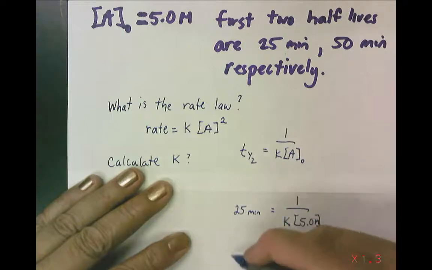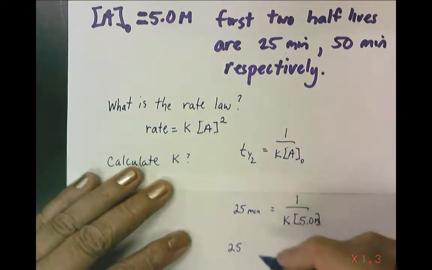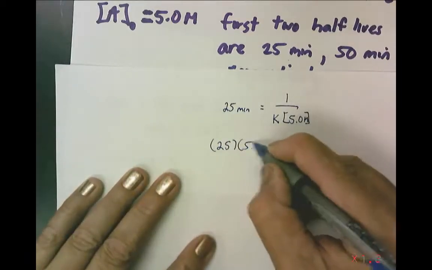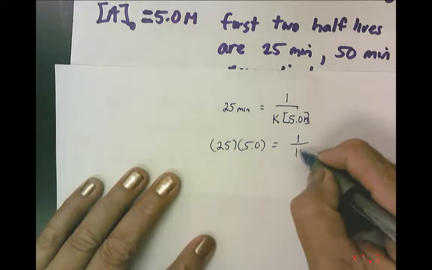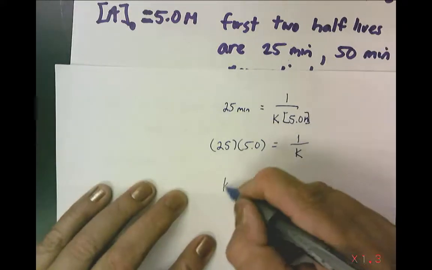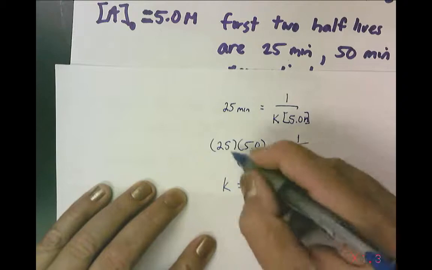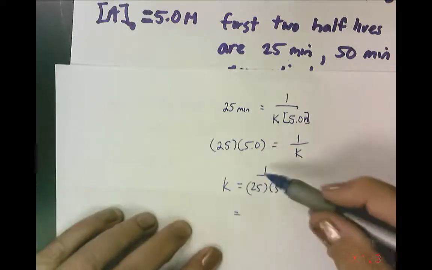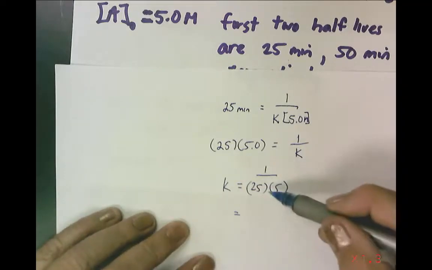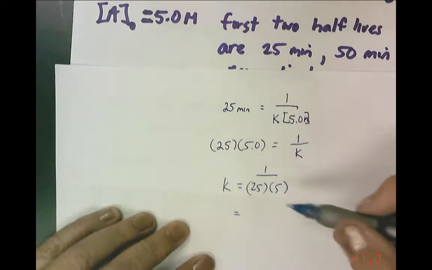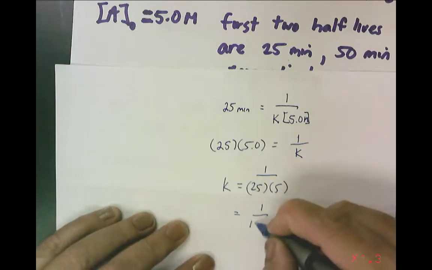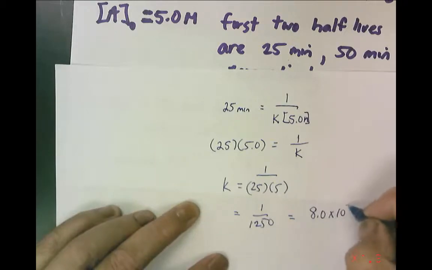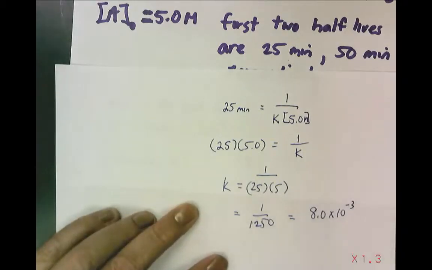So what do we have now? 25 times 5 equals 1/K. Okay, so what does K equal? K equals 1/25 times 5. And so when we take 1 divided by this value, we end up with 8.0 times 10 to the negative third.